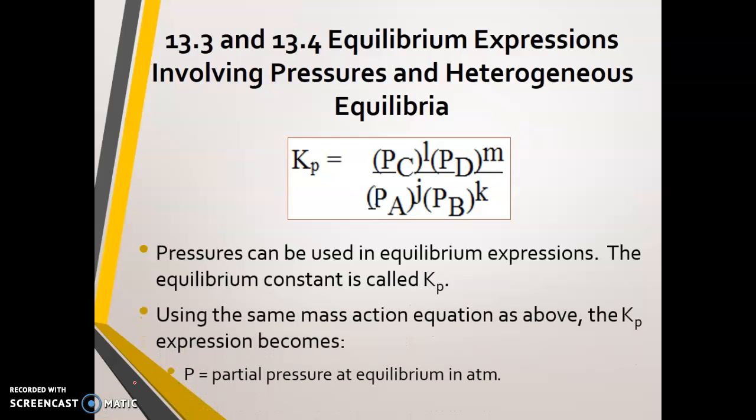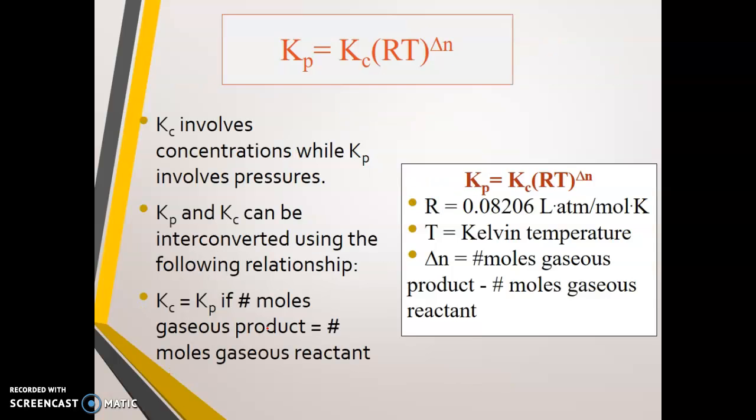Using the same mass action equation as above, the Kp expression becomes P, the partial pressure at equilibrium, but it has to be in atmospheres. So all you're going to do is plug in the pressure for each of your species in your equation, raise it to the power of the coefficient to solve for Kp.